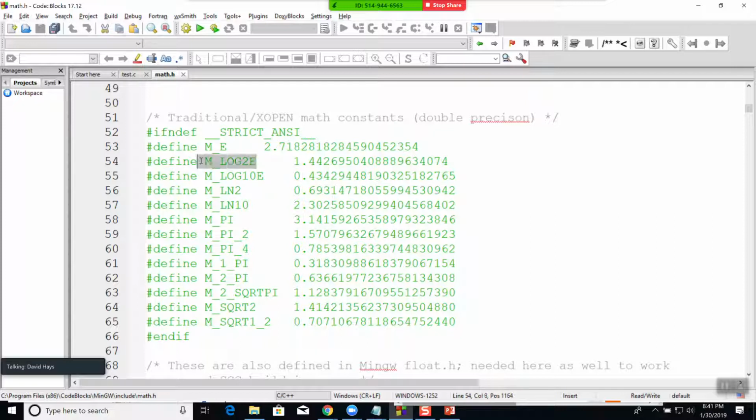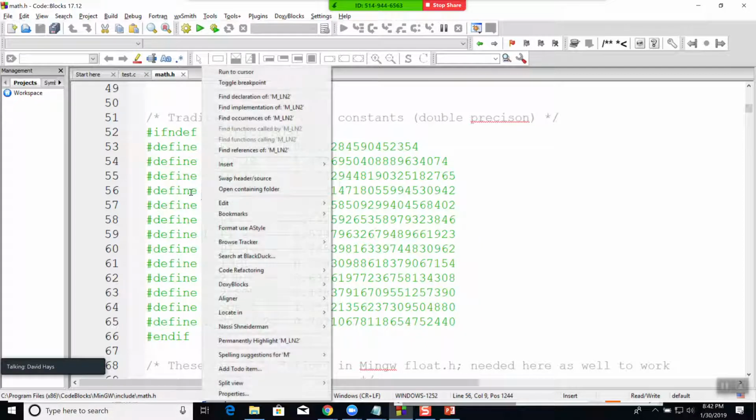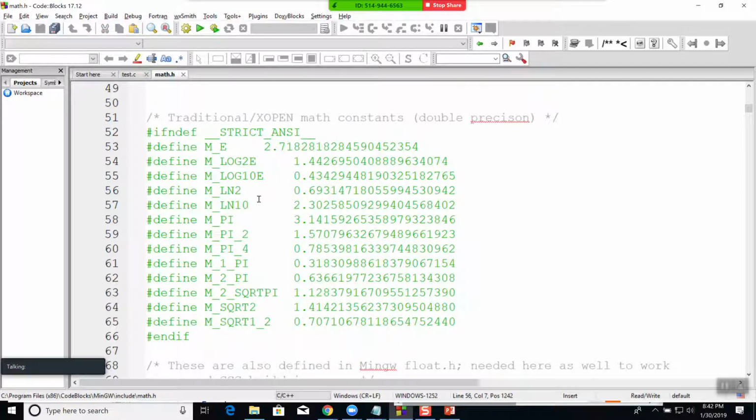That's strange. I don't know why log base 2 is important, but there it is. And here's log base 10, natural log 2. I wonder what that means. Maybe the 2 isn't what I think. Pi, of course, that's a real obvious one.